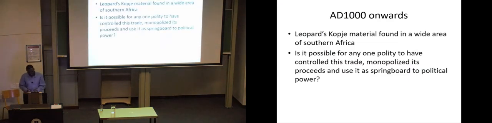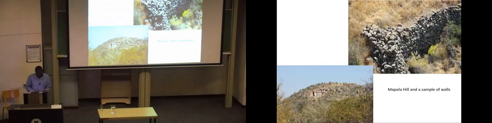From AD 800 onwards, we find leopard's kopje sites that cover a very big area of Southern Africa. Again, what we see in the period AD 800 to 1000, or the two centuries preceding AD 1000, is that there are multiple places that are associated with different types of activities.